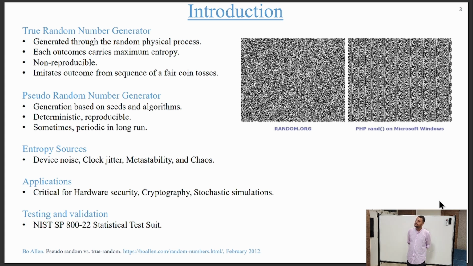That uses an algorithm, but in true random number generators, we use a real noise source and translate it into random outcomes, random numbers. So a TRNG relies on entropy sources present in the circuit, the random processes happening in the circuit, for the randomness, and it's very critical for hardware security and cryptographic algorithm applications.